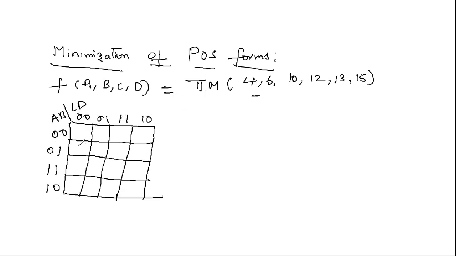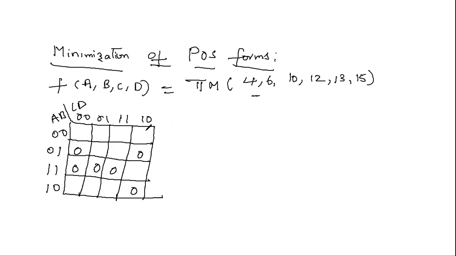For 4 it is 0100, for 6 it is 0110, and for 10 it is 1010. So where is your 1010? It is over here. Similarly for the others you will write this way. This is how the pattern of zeros looks.